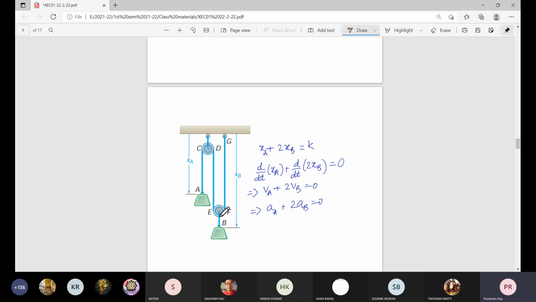We have used this expression: XA plus twice XB is equal to constant. Now, where do we get that from? It is simply coming from the length of the rope which has been considered to be fixed. It is an inextensible string.